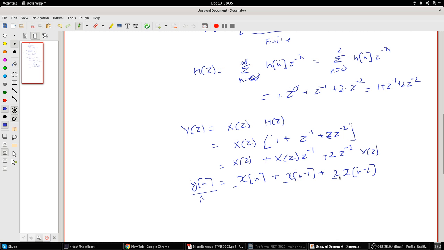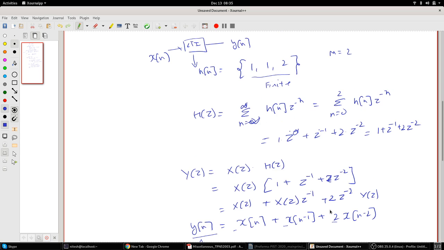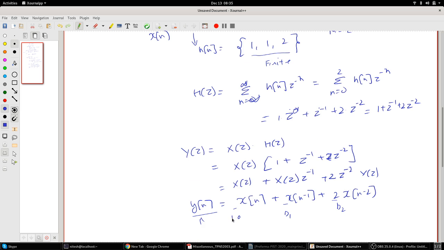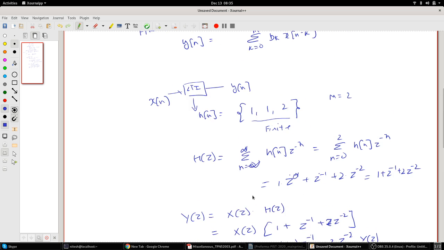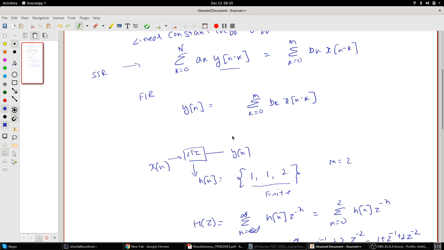This is your b2, this is your b1 which is 1, this is your b0. The form looks like b0 into x of n plus b1 into x of n minus 1 plus b2 into x of n minus 2, and it goes on till plus bm into x of n minus m.